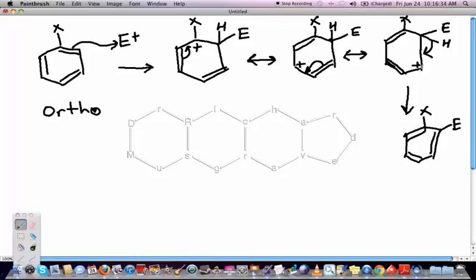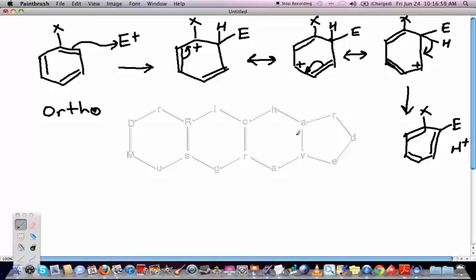Also the same explanation here for this positive charge, but it's really important you keep the direction of the arrow in the correct way, so it always comes from the bond and goes to the new bond, and the positive charge will move two carbons down. It's always going to be the way the pattern goes. Alright, so that's how we get our ortho product.